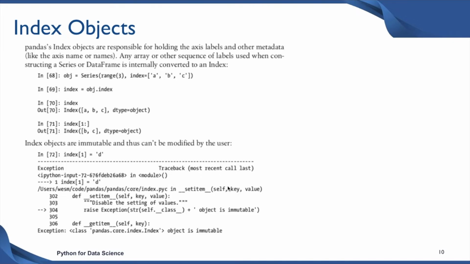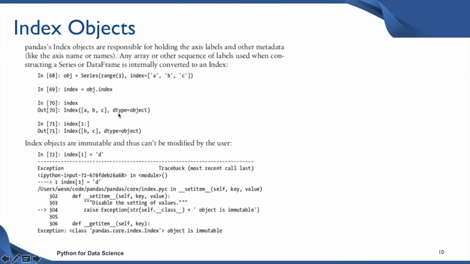One thing to note and remember is that in pandas, index objects are only responsible for holding the axis labels and other metadata like the axis names. The index objects are immutable, so we cannot change the index. For example, with A, B, C the index is fixed.